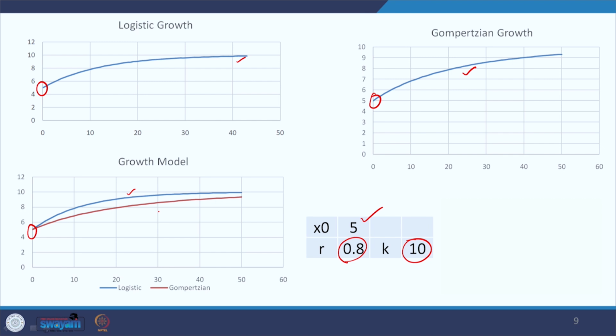In some data you will see that this logistic growth function, which is of the form Rx into 1 minus x by k, fits better than the Gompertzian function, which is Rx ln k by x. That way we choose which growth function will be better for a particular model, whether it will be a logistic growth or a Gompertzian growth. Both depend on the kind of data which you get from the real life scenario.